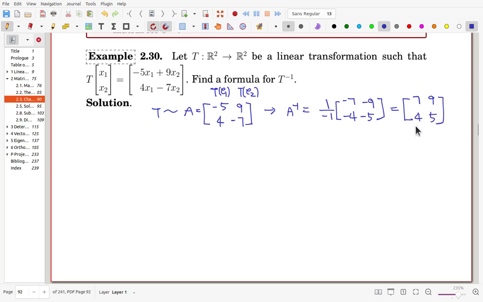That's the standard matrix for T inverse, so we may write down T inverse of (x1, x2) as (7x1 plus 9x2, 4x1 plus 5x2). That's the formula for T inverse.